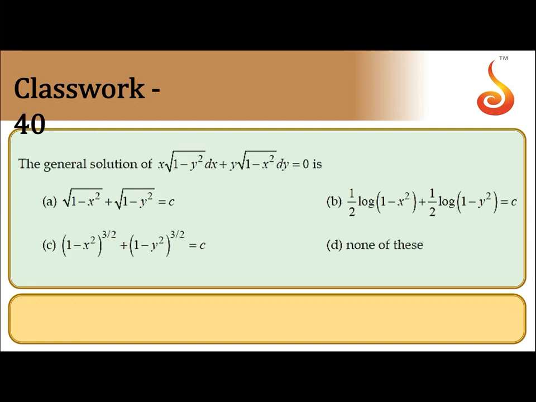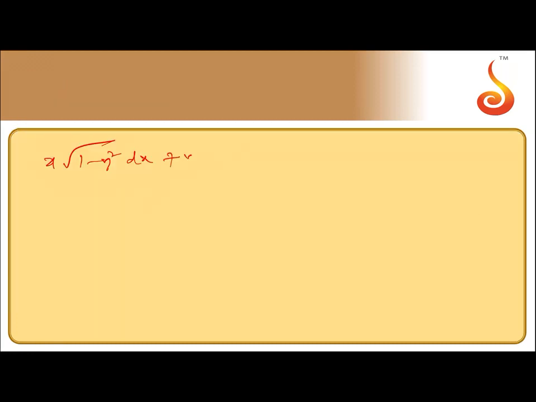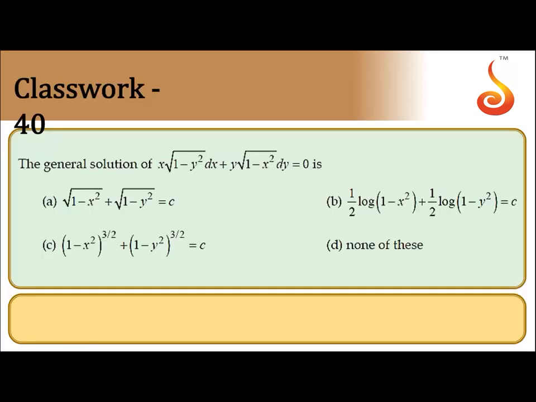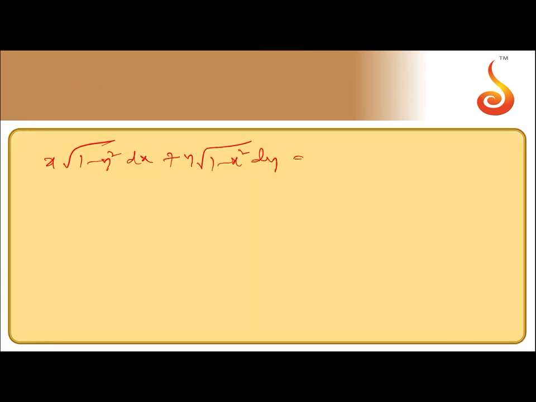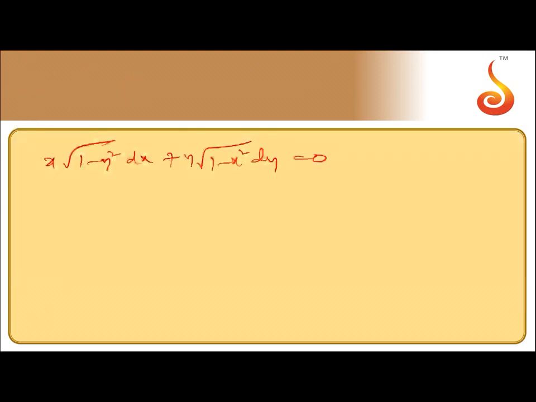Coming to the next one, the general solution of x root of 1 minus y square dx plus y root of 1 minus x square dy is equal to 0. Of course, verification is difficult, so better we solve the differential equation here.